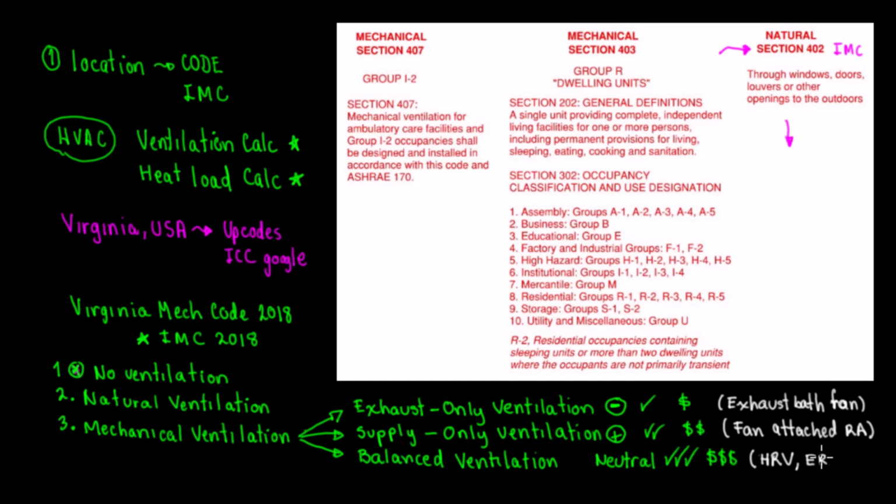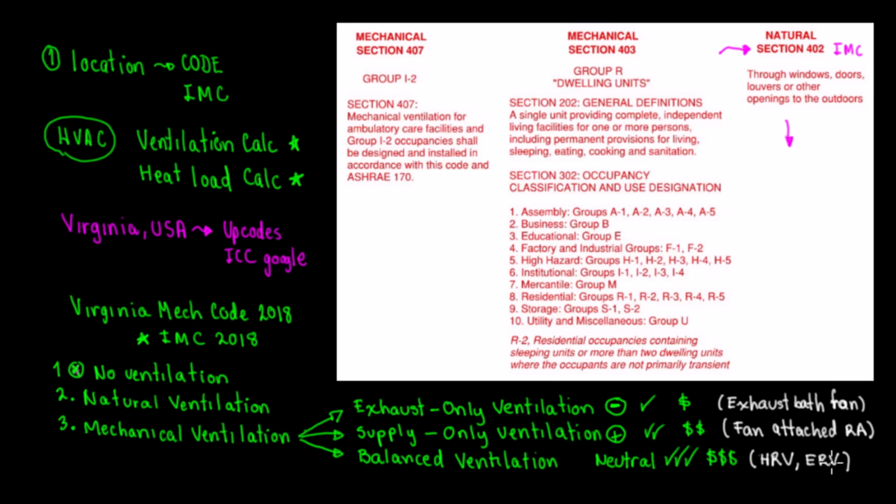And I know one of my subscribers was asking me to make a video about ERV. So this could be kind of an initial video about the ERV, because that's the most efficient, the best part. If your project is in Washington DC, and the goal is to have a sustainable project, for example, they are trying to get LEED gold, or in fact LEED platinum, then ERV would be a good idea.